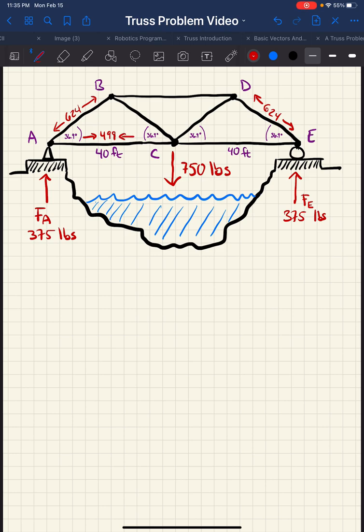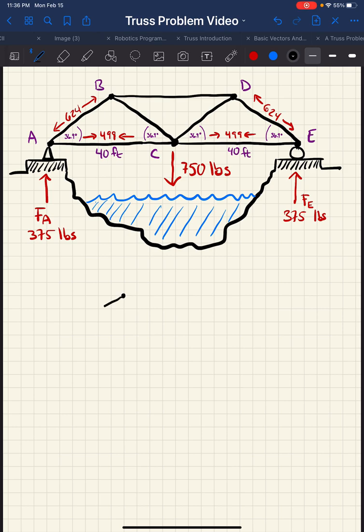So it's under tension, and it's pulling in, reacting against that tension. Which means we have 499 pounds there also. So we can now move to B for a free body diagram.